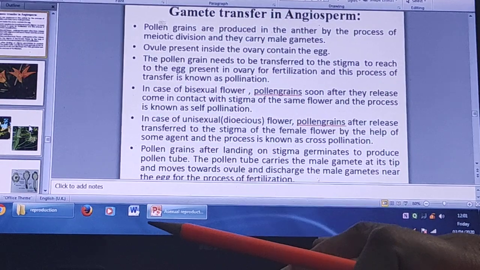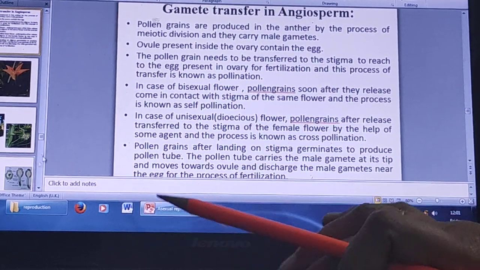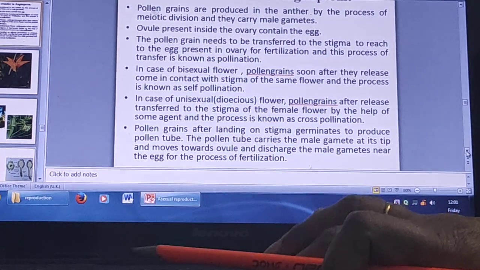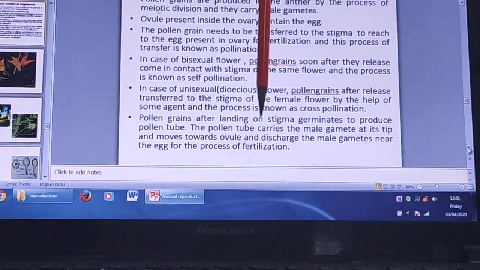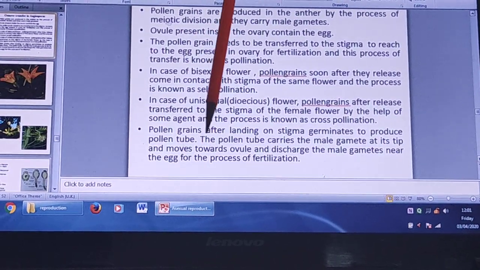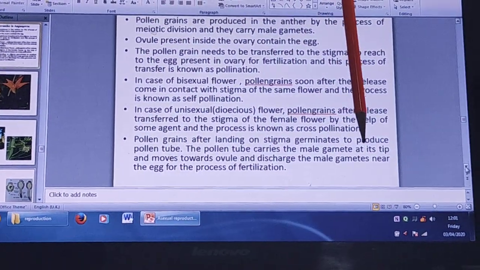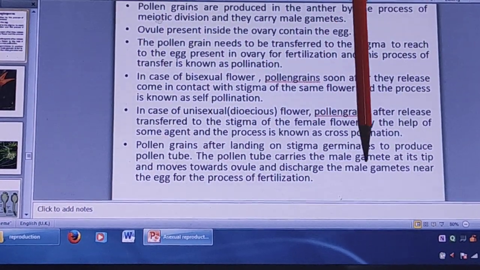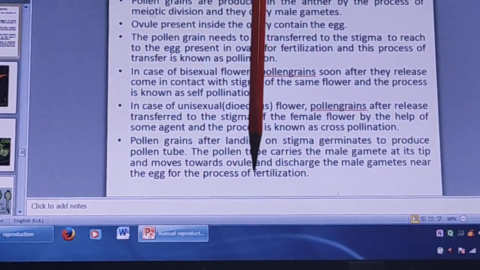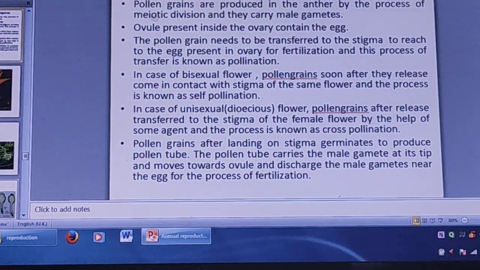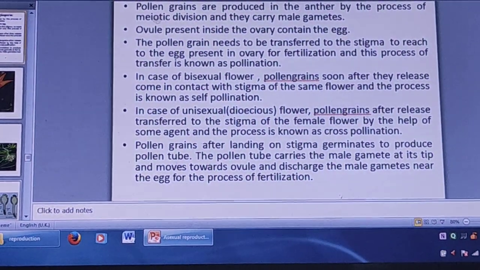Then, pollen grains after landing on the stigma germinate to produce a pollen tube. The pollen tube carries the male gamete at its tip, moves towards the ovule and discharges the male gamete near the egg for the process of fertilization. So that's all about gamete transfer in angiosperms. Thank you.